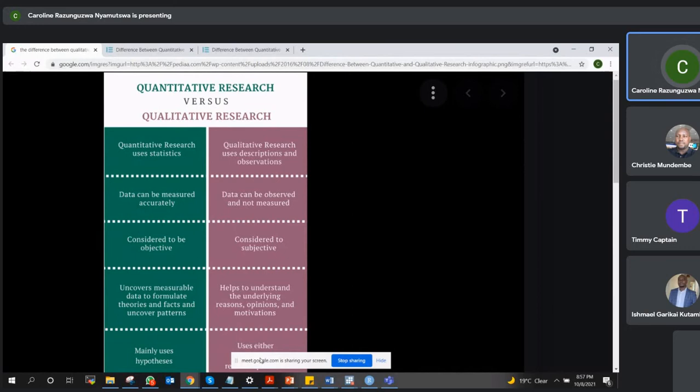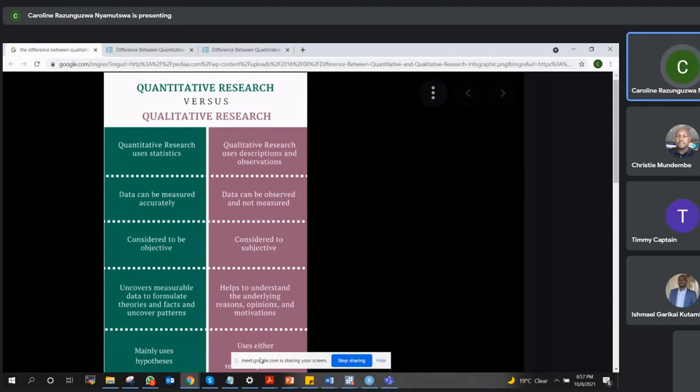I'm sure we all recall Prof. Trede indicating that, especially for you in data analytics, you'll be dealing with numbers, so your best approach is quantitative, which uses statistics and measures of central tendency. Qualitative research, on the other hand, uses descriptions and observations, which makes it subjective.